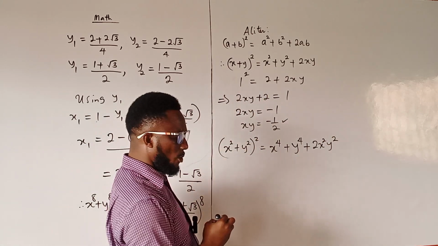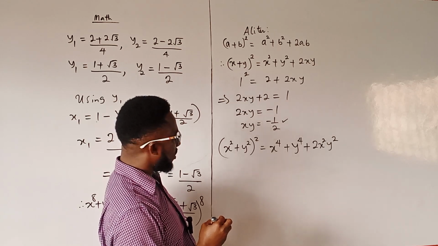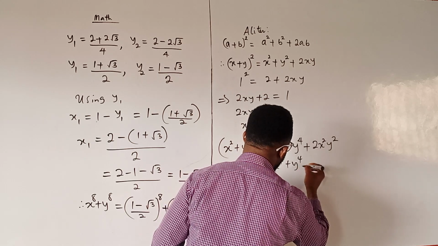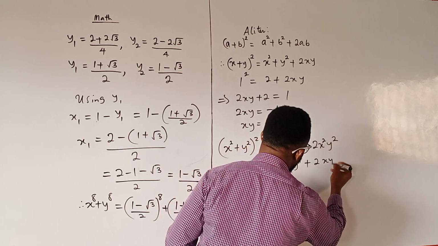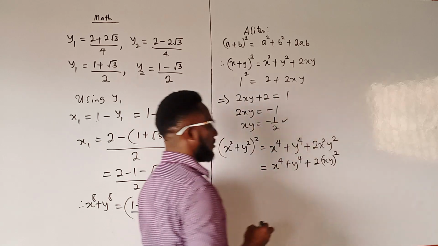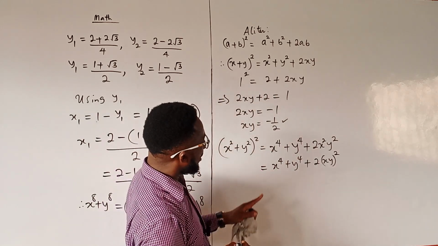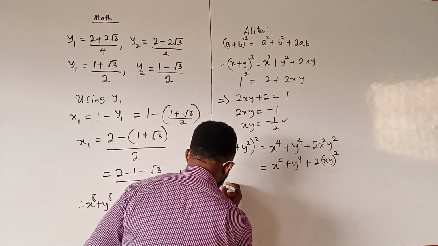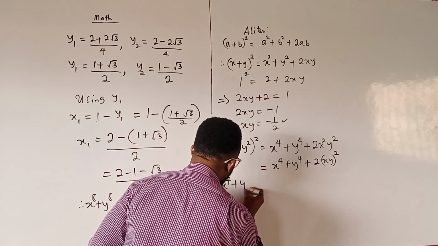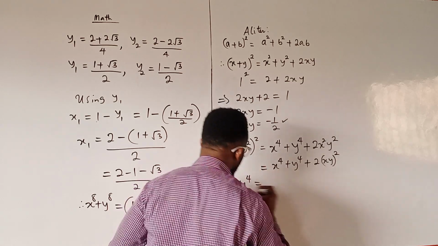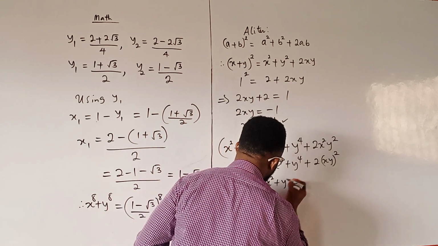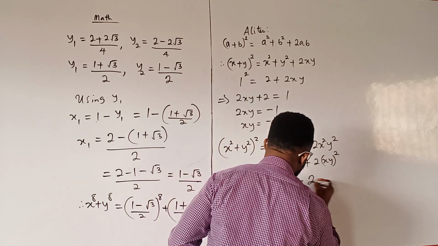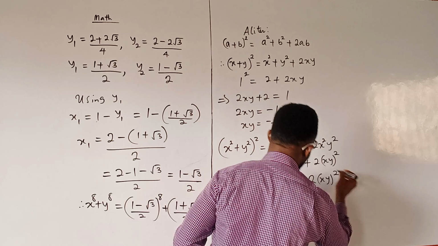We can write them as s to the fourth plus y to the fourth plus 2sy squared. If I isolate s to the fourth plus y to the fourth, I'm going to have s squared plus y squared all squared minus 2sy all squared.